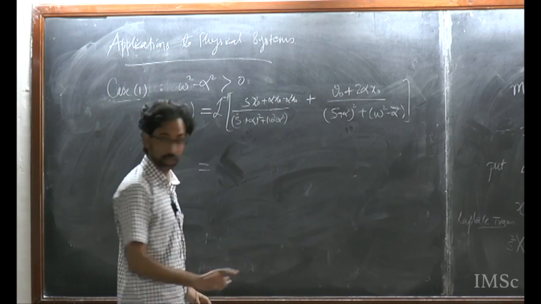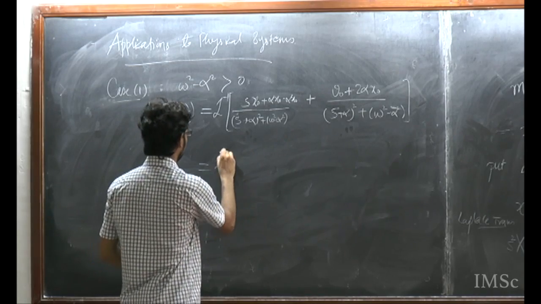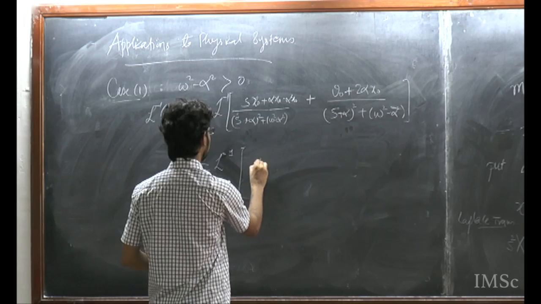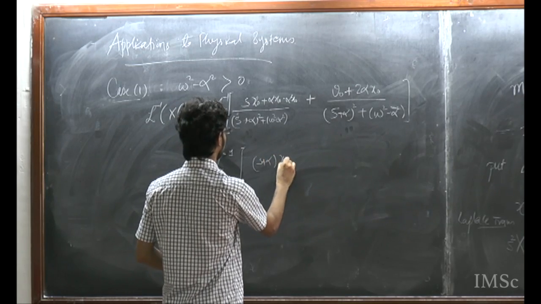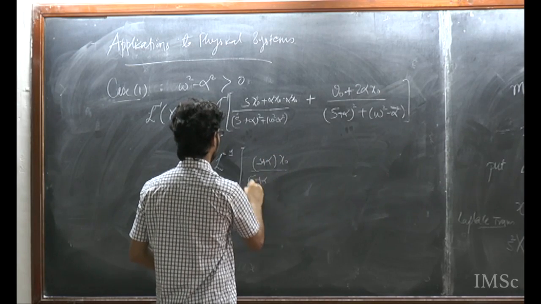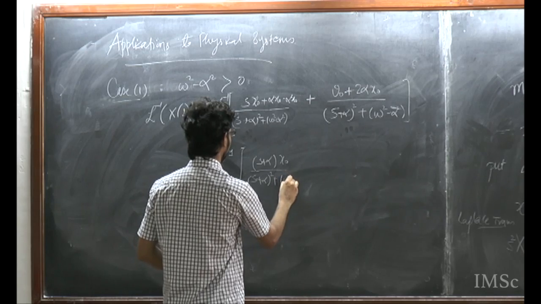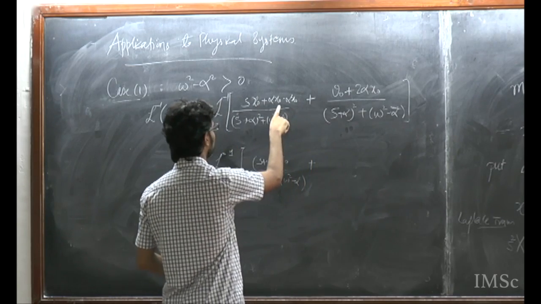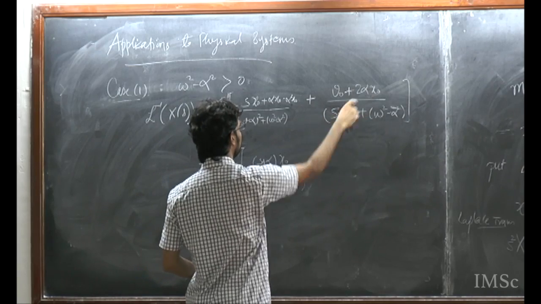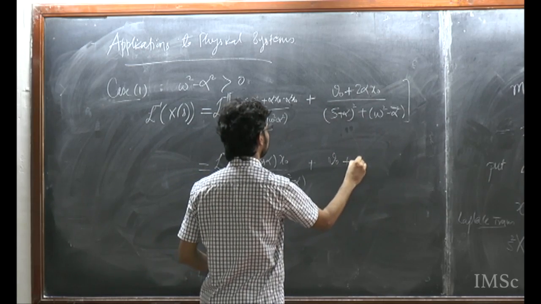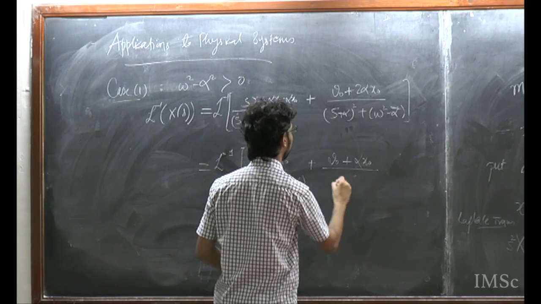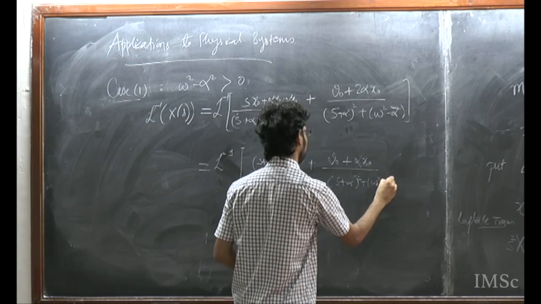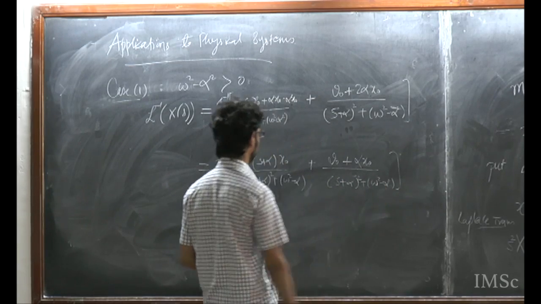Thank you for this. So this is s plus alpha x naught over s plus alpha square plus omega square minus alpha square, plus this one: v naught plus alpha x naught by s plus alpha square plus omega square minus alpha square. Right?